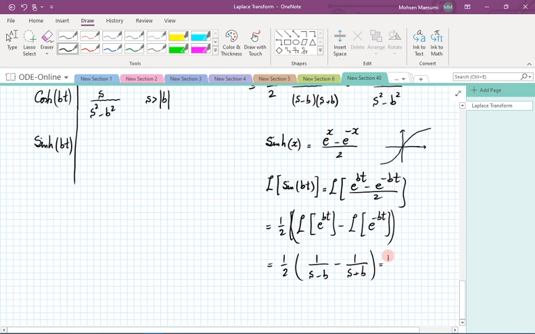Same common denominator as before. Now I have s plus b first, and then minus s minus b second. So it becomes 1/2 of, this is 2b over s squared minus b squared. So at the end I have b over s squared minus b squared.